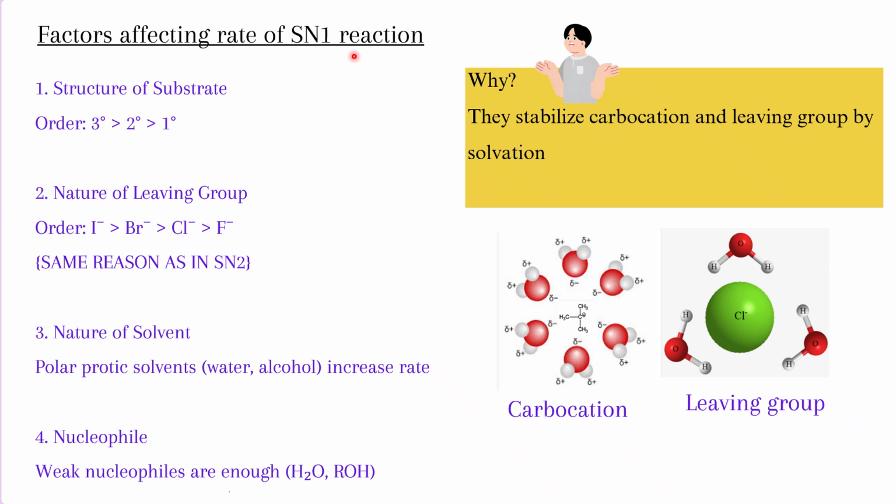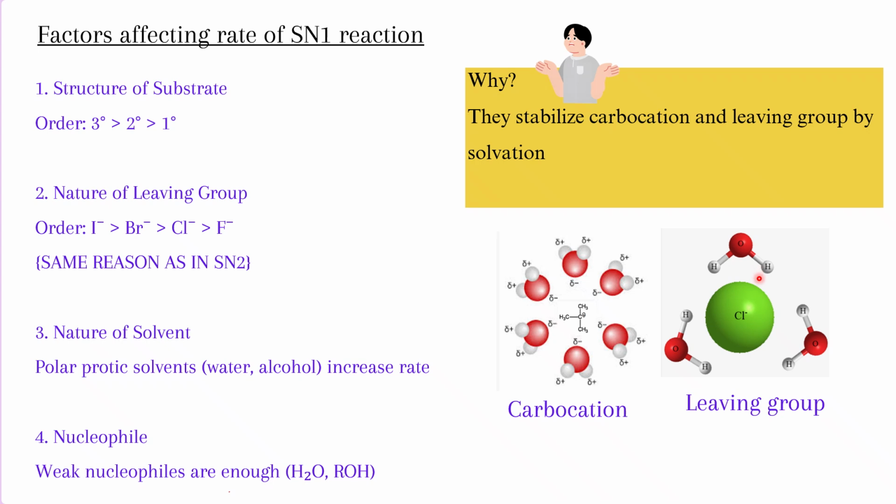So when this reaction of SN1 happens, we have formation of our carbocation, and as you can see, this carbocation is surrounded by the negative charge of these oxygen atoms, which are actually helping to interact and stabilize the carbocation, whereas the negatively charged leaving group is surrounded by the partial positive charges of these protons which are present in water molecule.